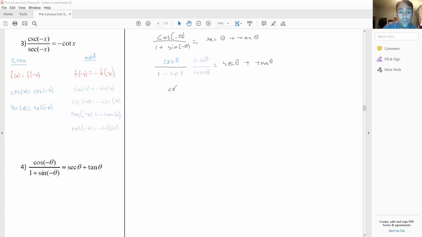I'm not going to multiply this cosine theta in until I absolutely have to. And we talked about that before. Sometimes if you start doing too much, you kind of get yourself caught in a bind. And 1 minus sine theta times 1 plus sine theta. So again, difference of squares. So I'm going to multiply that and I get 1 minus sine squared theta.